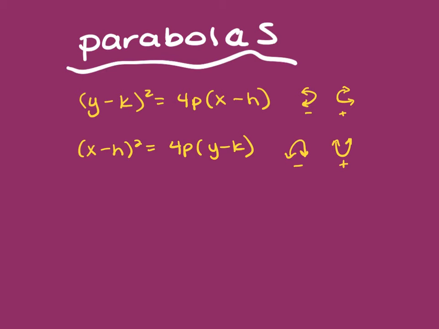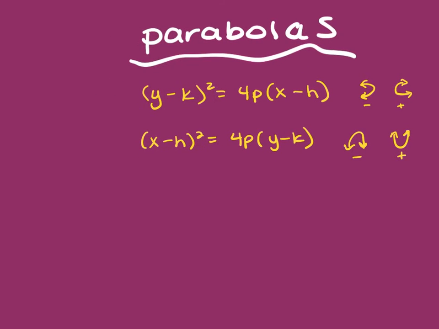And so it would be y squared equals 4px, and it would be x squared equals 4py. So that's if my vertex is 0, 0. If my vertex is 0, 0, that's what it would look like.